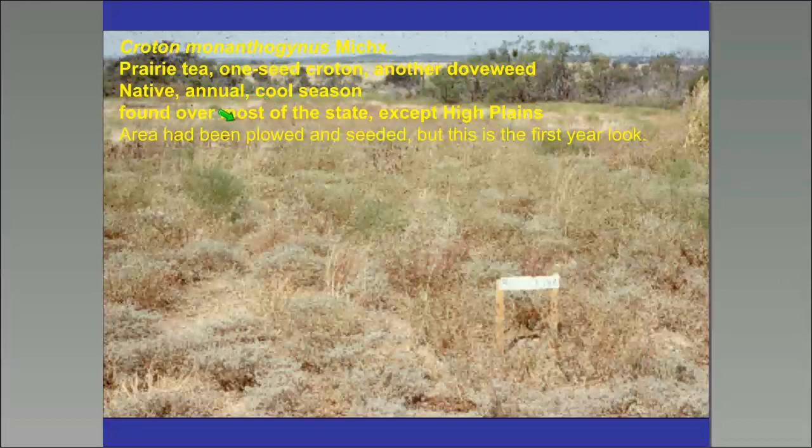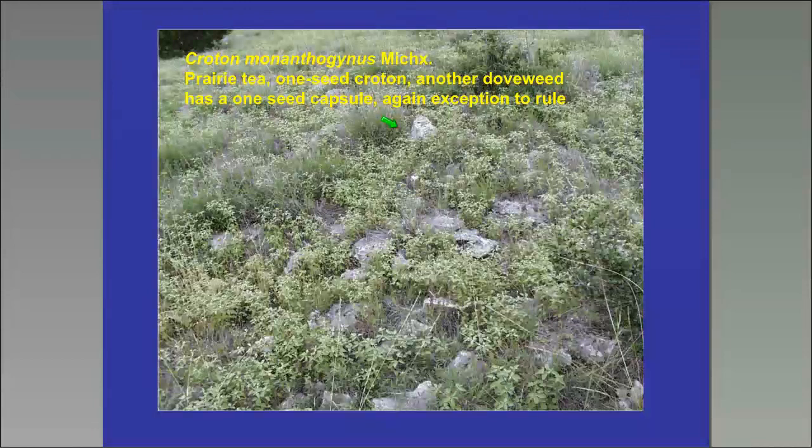It is found over most of the state, except in the very top of the high plains in the panhandle. So another important member, the genus Croton, we have 21 species that are recognized.